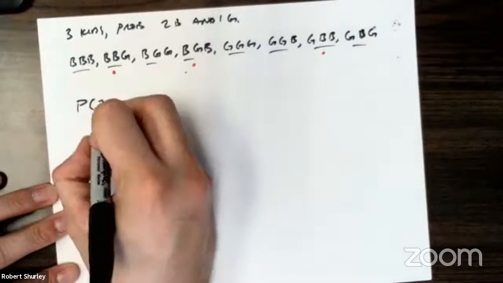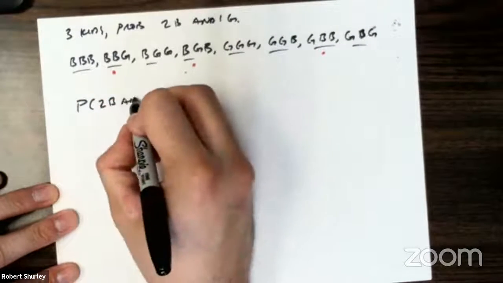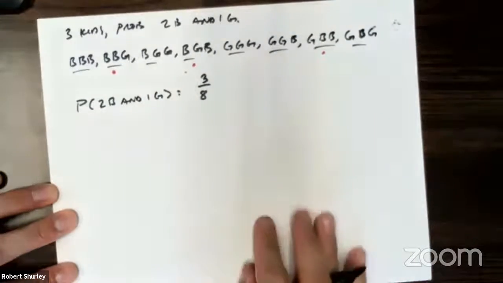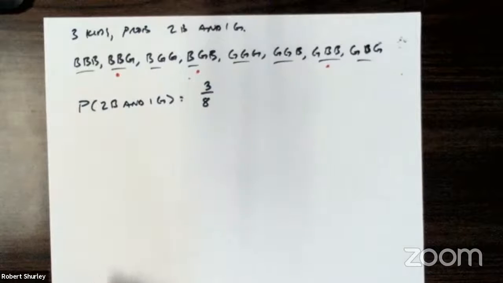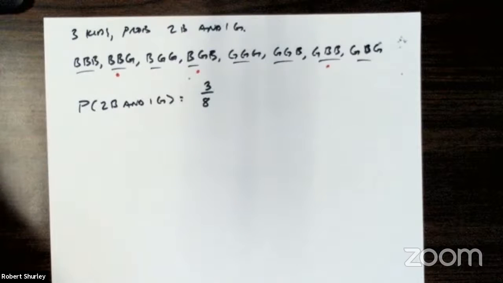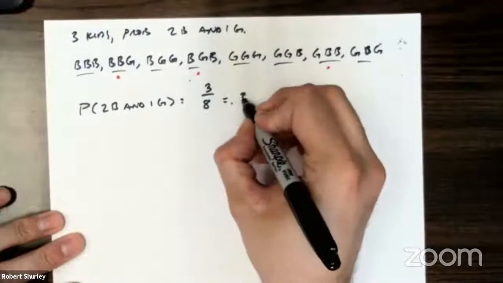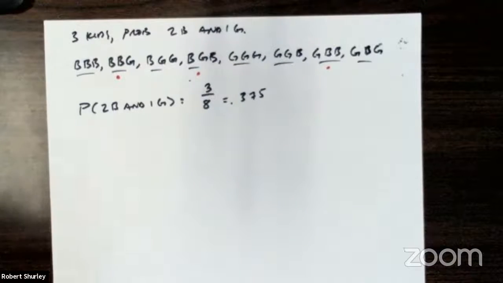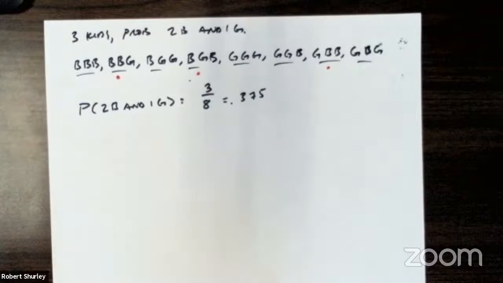So the probability of 2 boys and 1 girl would be 3 out of 8. Which turns out to be point something or another. It's always point something or another in probability. 0.375. Kind of neat. Kind of cool.